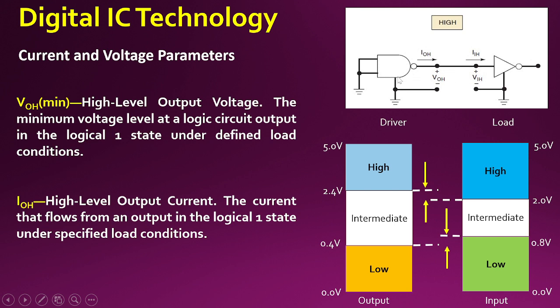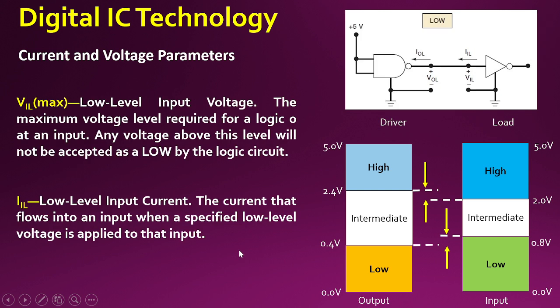But you might have observed a difference between the two voltage ranges. We will define that a little later. Now again, when the output of the driver is high, definitely it is sourcing current. So IOH, in this case, is the output current when the logic is high.